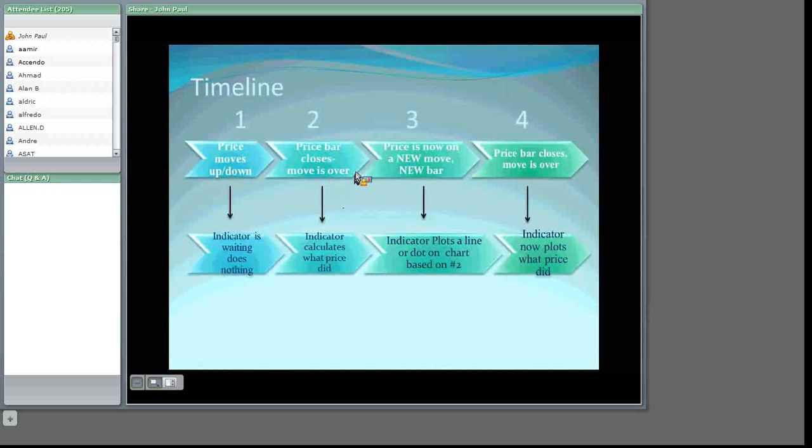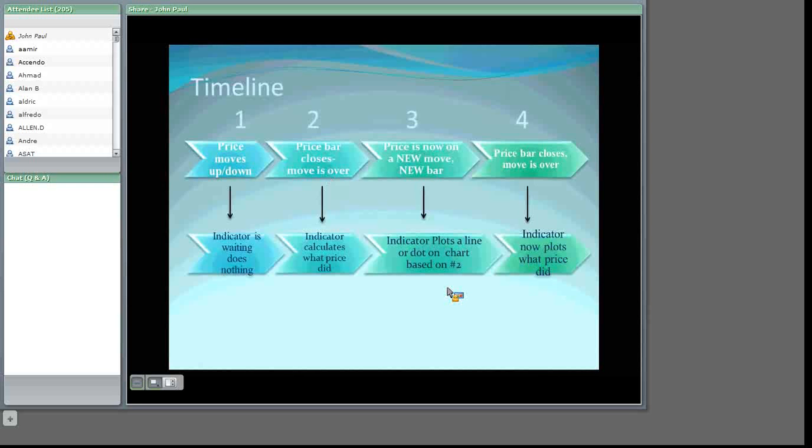Okay, so now let's go to number three. Number three says price is now in a new move, right? A new bar, in a new direction, whether up or down, continuing the trend or not. But price is now moving at its own beat and doing something else. What is that indicator doing that we're waiting for? Nothing.